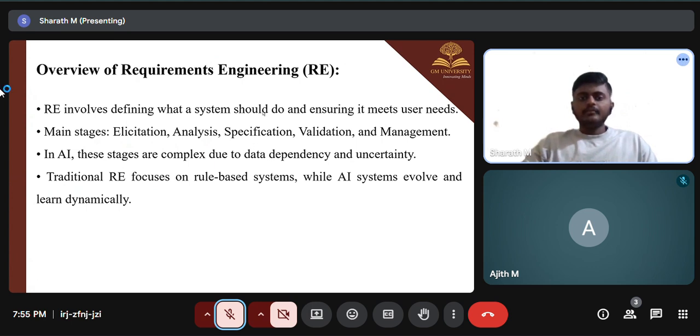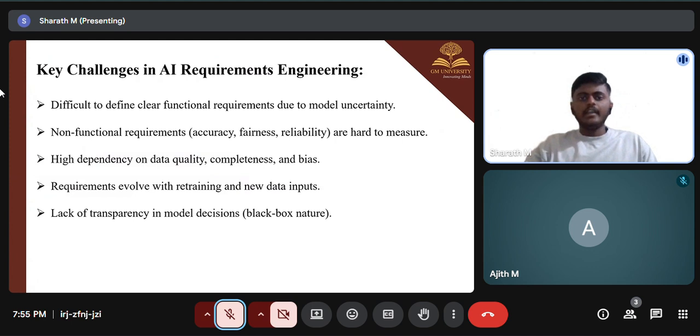Next slide, key challenges in AI requirements. AI development brings several challenges to the requirement phase. Firstly, defining functional requirements is difficult because AI behavior is not always deterministic. It changes depending on the training data. Secondly, non-functional requirements like accuracy, fairness, and reliability are hard to measure precisely.